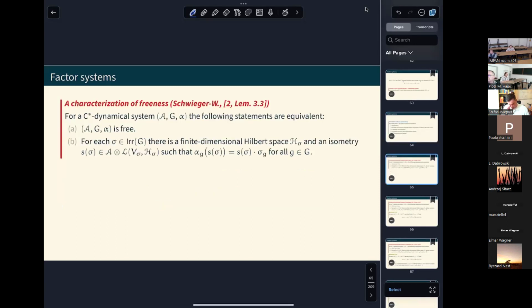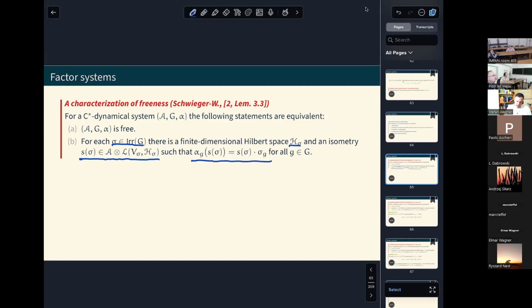So here's a characterization of freeness. You have a C*-dynamical system, and then the following statements are equivalent. A, your C*-dynamical system is free, and B, for each irreducible representation, there's a finite dimensional Hilbert space and an isometry in this tensor product from A into L, operators from the representation space into this finite dimensional Hilbert space, satisfying this equivariance property.